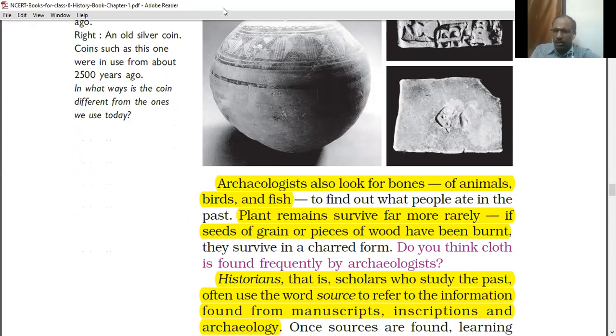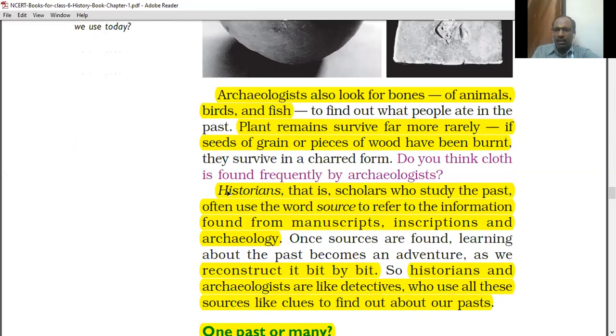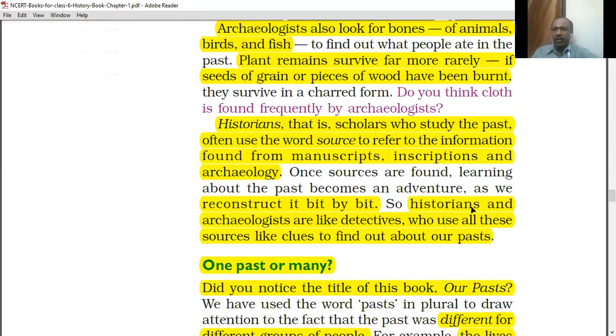Historian. So I am a history teacher, one who studies and researches. That person is called a historian. A scholar who studies the past often uses the word source to refer to the information found from manuscripts, inscriptions, and archaeology, and once those are found, learning about the past becomes an adventure as we reconstruct it bit by bit.